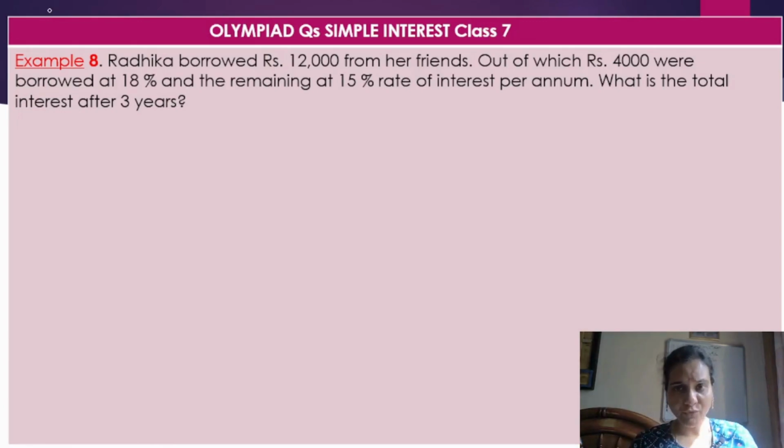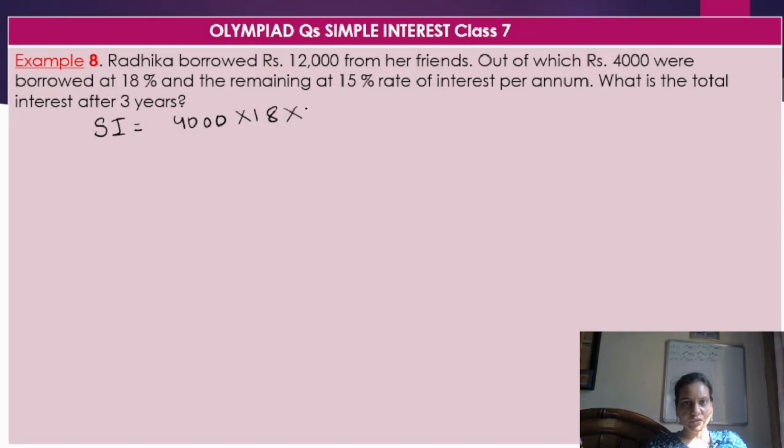So out of 12,000, she invested 4,000 at 18% per annum for 3 years. So what will that simple interest be? That simple interest will be 4,000 into 18 into 3 by 100. So if the zeros cancel, then what will remain? 18 into 3 is 54, 54 into 40, right? 54 into 40, so the zero will come into the answer, and that will be 4 4s 16, 1 gets carried over, 4 5s 20, 20 plus 1 is 2,160.